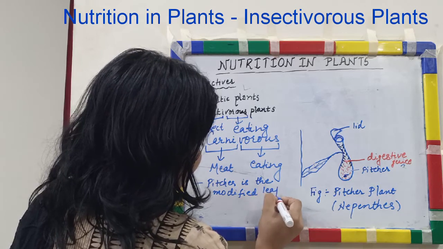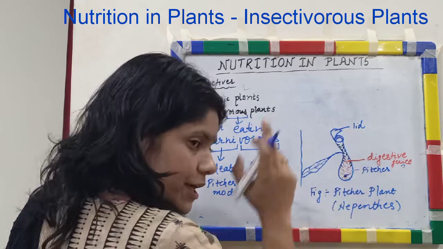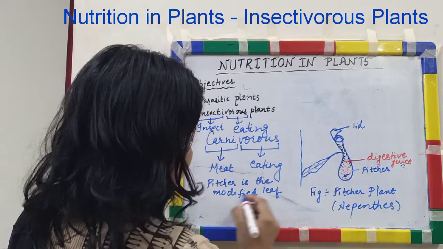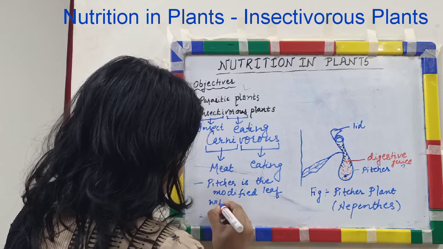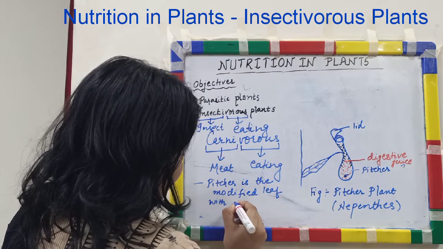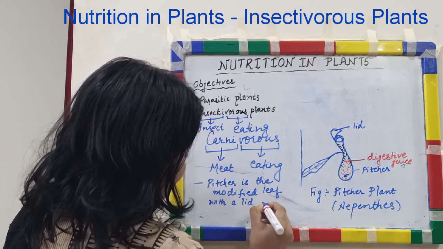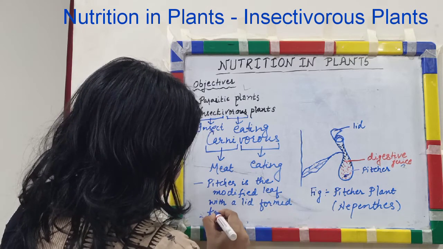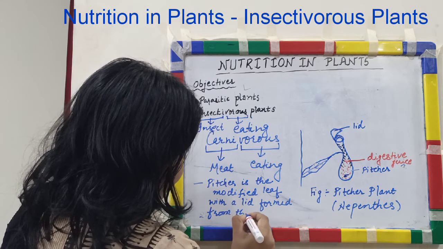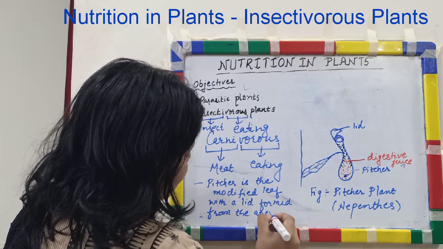How is the lid formed? The lid is formed from the apex of the leaf.